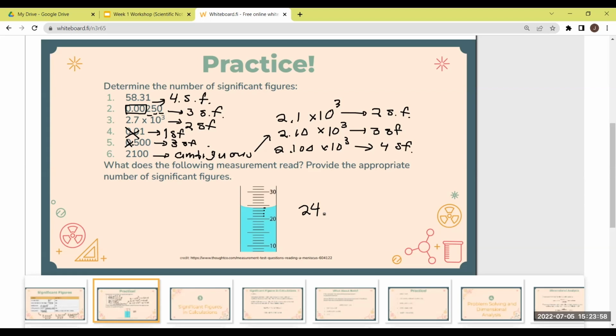Another possible answer you can write is 23.9 or 24.1. These are all going to be valid answers because we're not actually sure about that final digit. It's always going to be estimated.